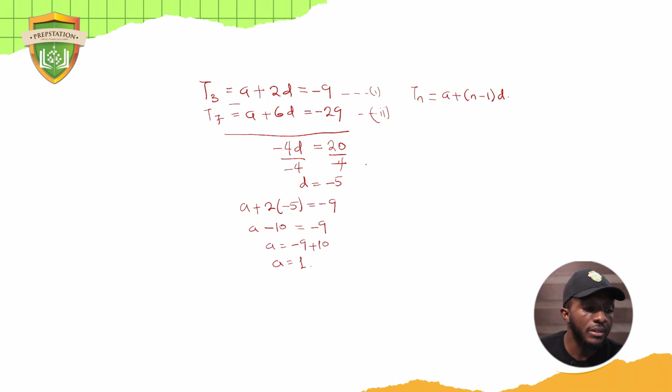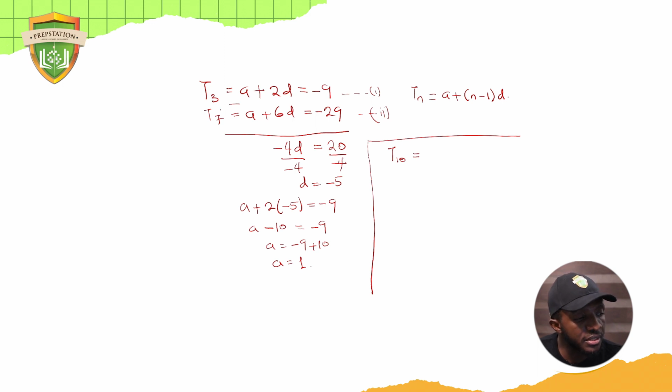The question says we should find the 10th term of the progression. So 10th term, T10. If you look at the third term and seventh term, the coefficient of D is simply obtained from subtracting 1 from that term. So T10 would be A plus 9D.